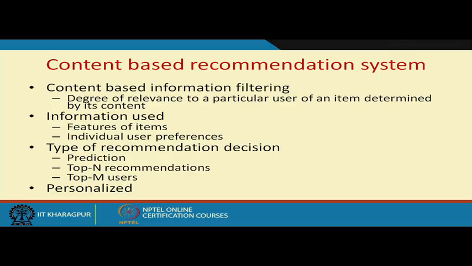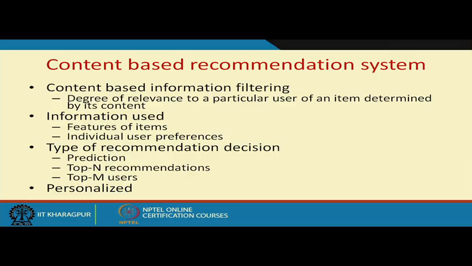Okay. So, the content based information filtering is the idea here for content based recommender system. Here the degree of relevance to a particular user of an item is determined by the content of the item. The information here used is the feature of the item and individual user preferences.